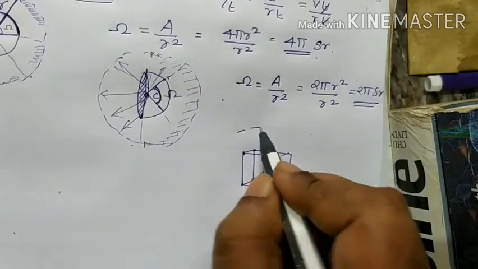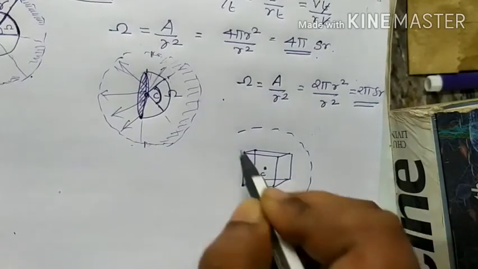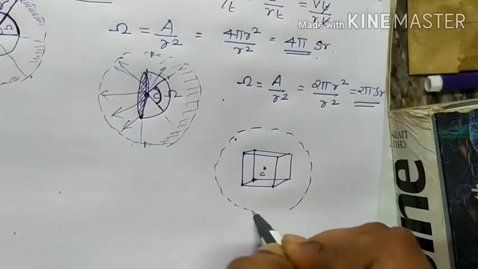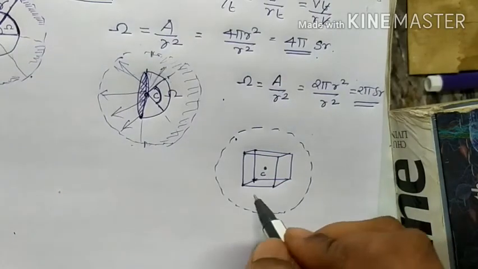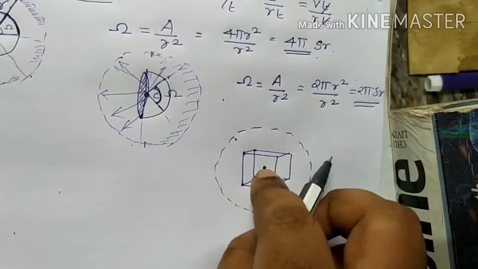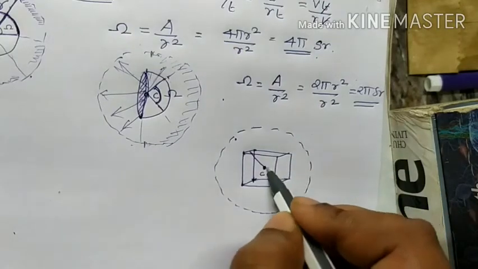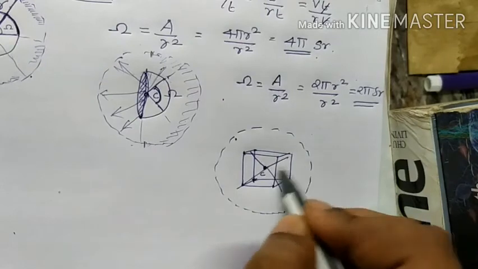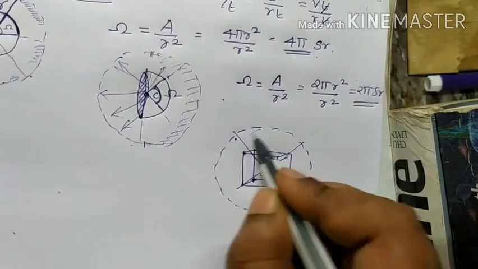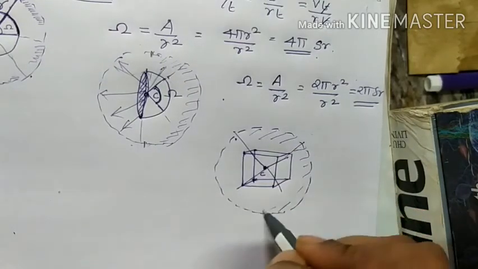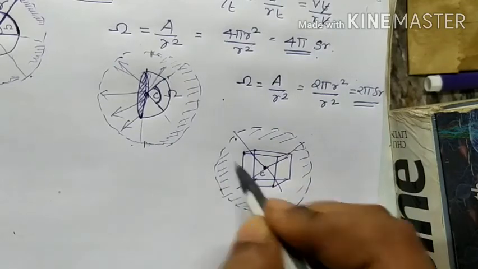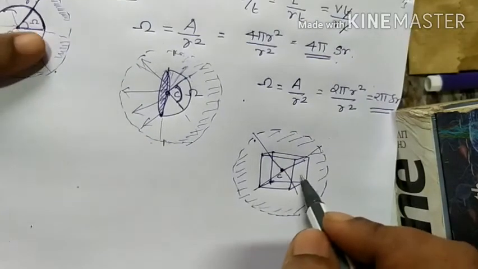So again, just like the previous case, I will consider an outer screen which is spherical in shape. From this point, I'm going to produce a light source. So the light will be moving throughout, like this. And the shadow will be on the sphere completely, just like the previous case.